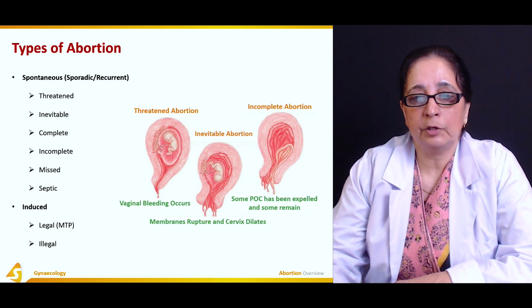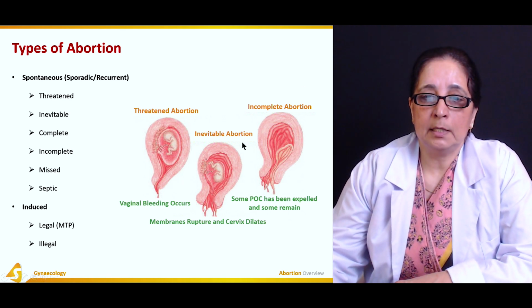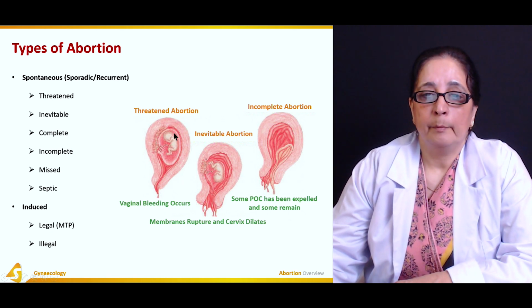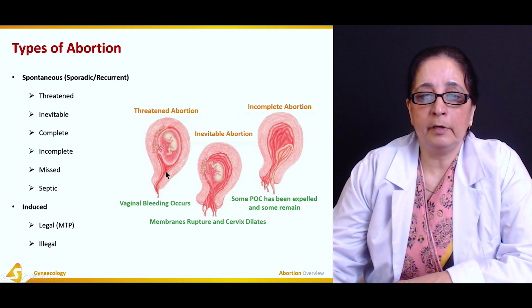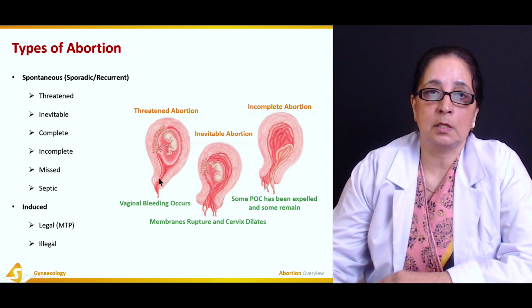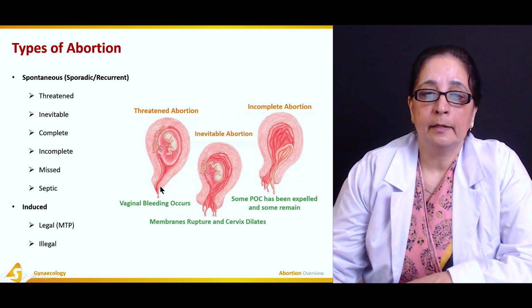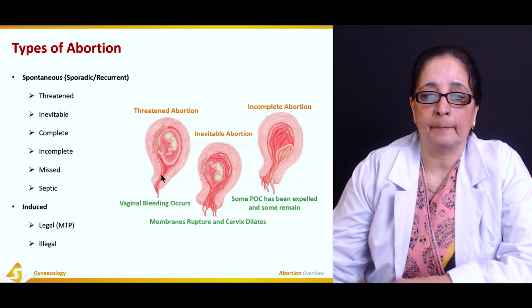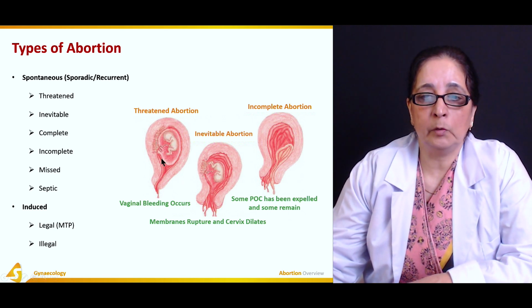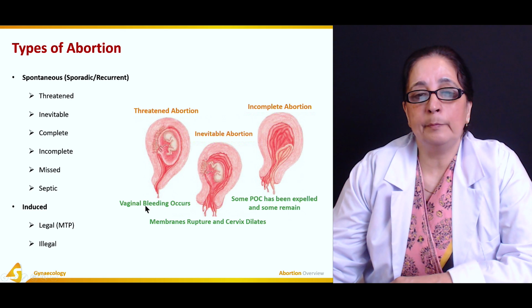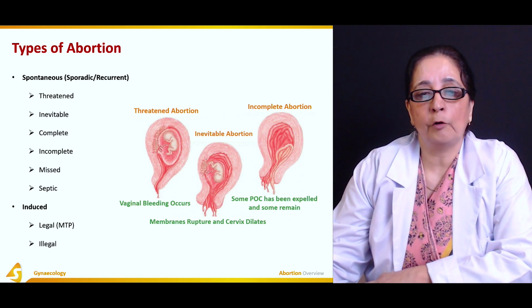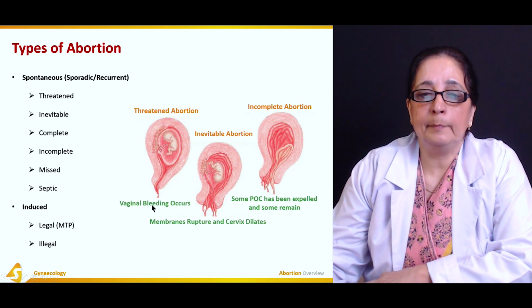Threatened abortion is an abortion in which there is a threat to abort, but on examination, the cervical os is still closed. So there are chances that this type of pregnancy can be prevented. The first indication that there is some problem is vaginal bleeding.